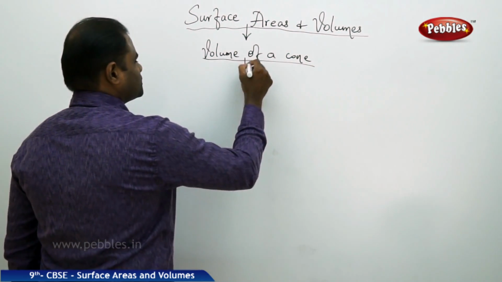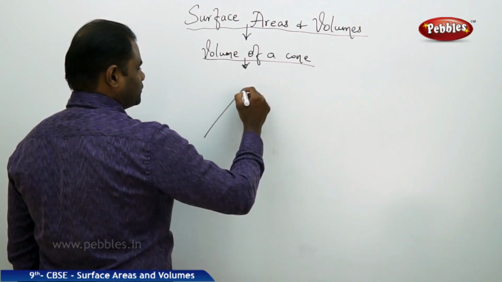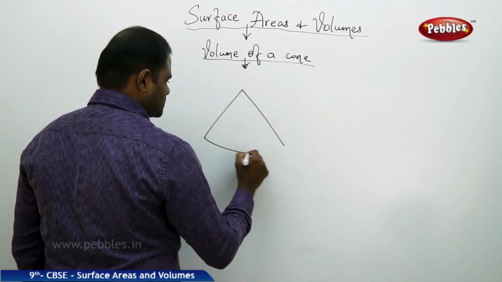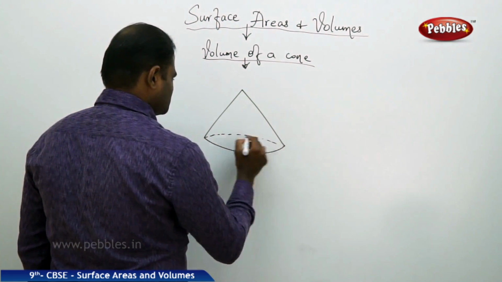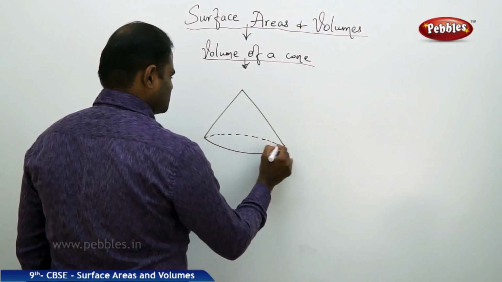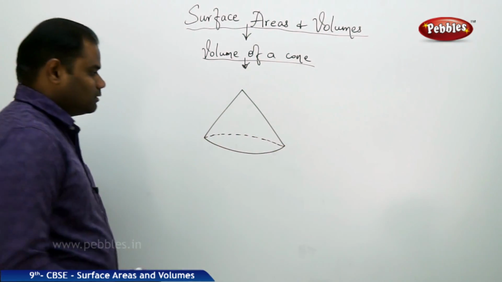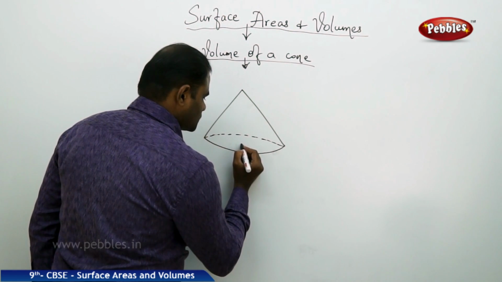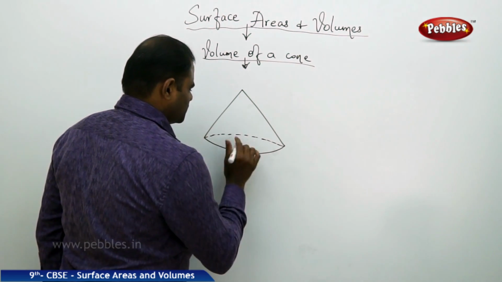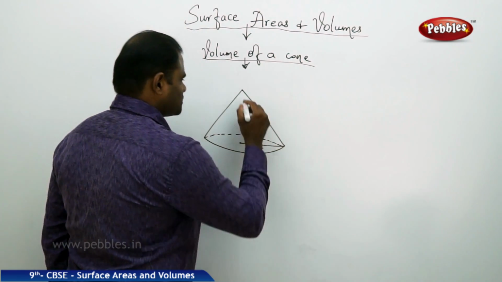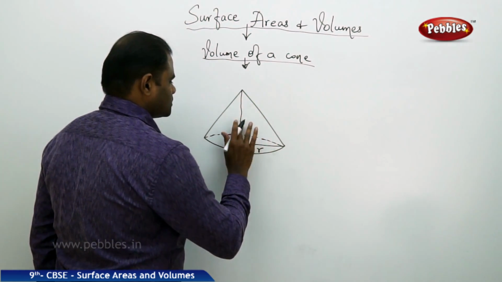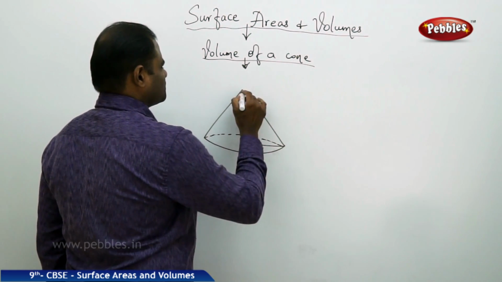So taking the shape of a cone, which looks somewhat like this, and fixing from the center, this distance is called the radius and this distance is called the height.